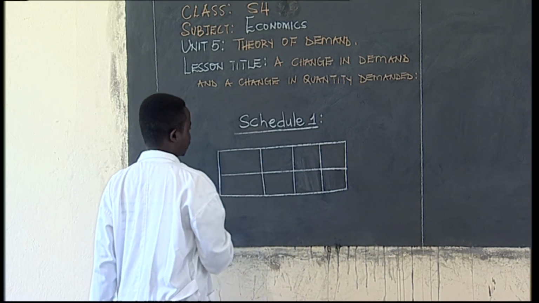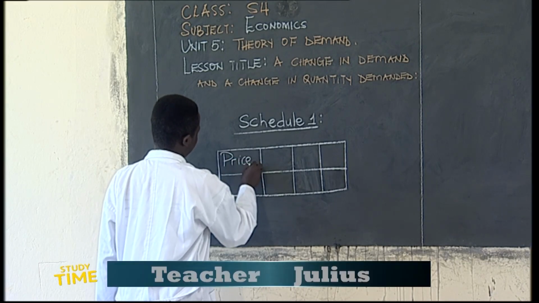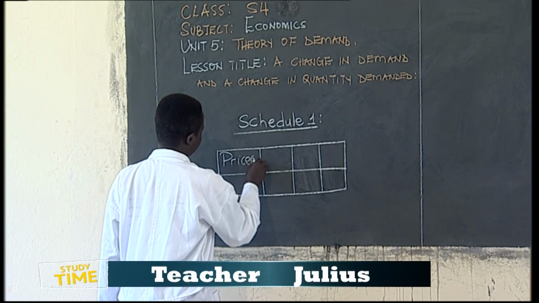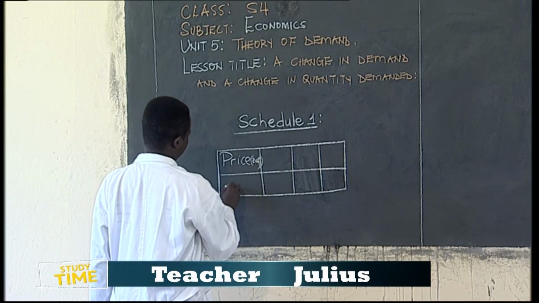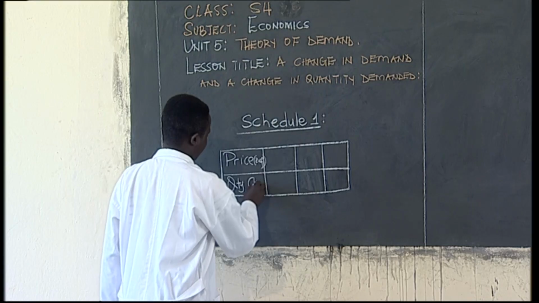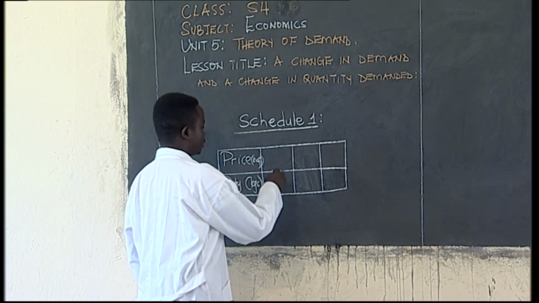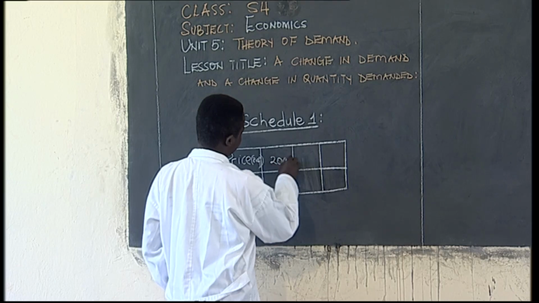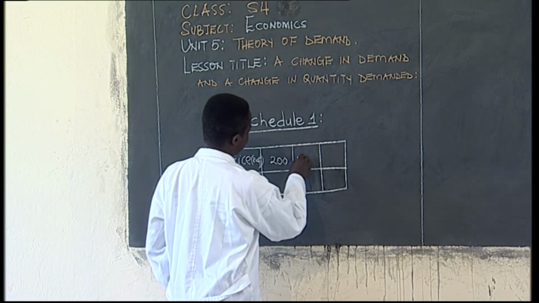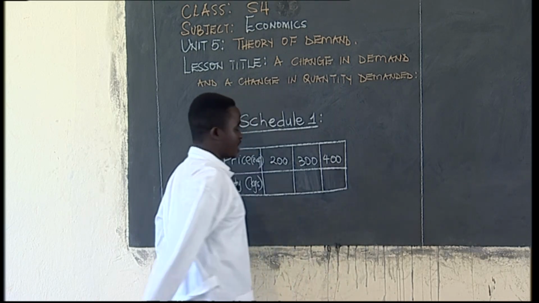So I have this schedule here, and here I have my price in Rwandan francs. Then I have here our quantity demanded, maybe in kilograms. So if maybe we have a price here as 200, maybe 300, and we have a price 400.